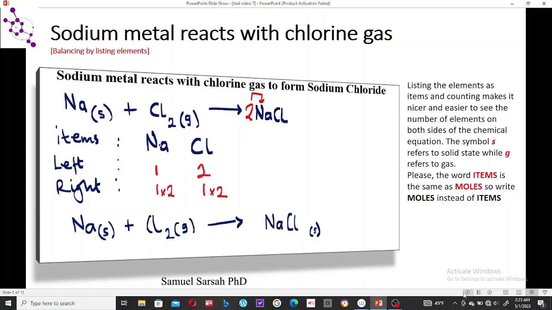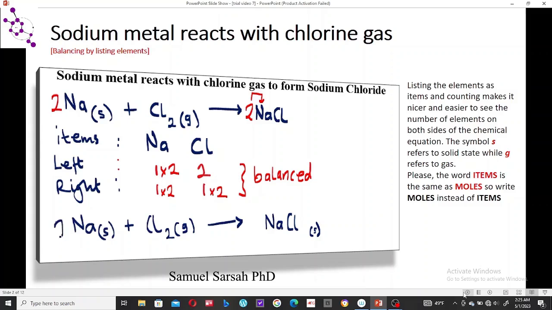That means we have to do the same to the left side and multiply it by 2. And doing that, we have to put that in the actual equation. It is balanced now. We can write the whole equation again. So we are done.